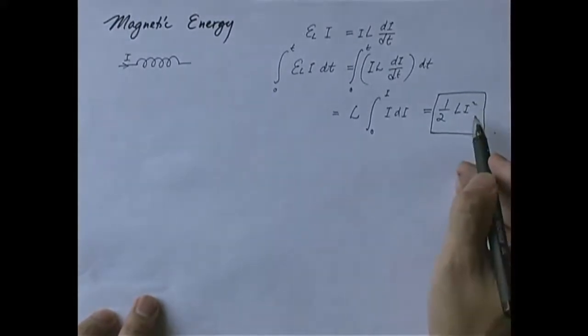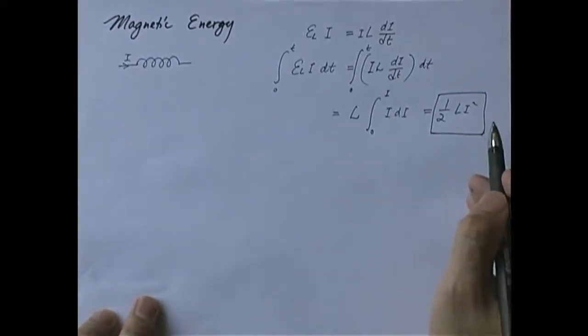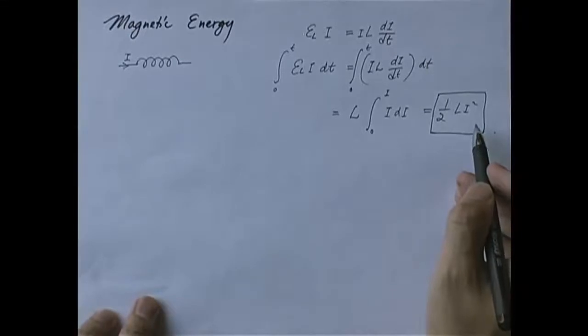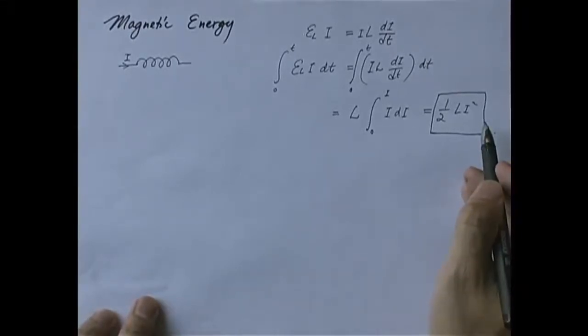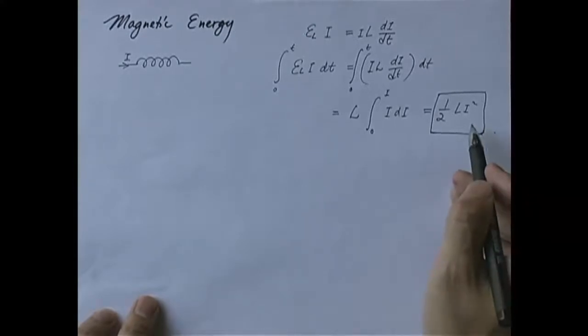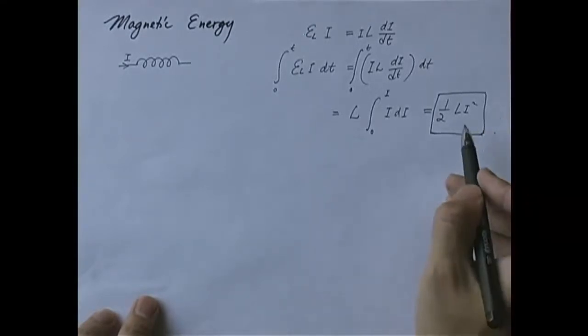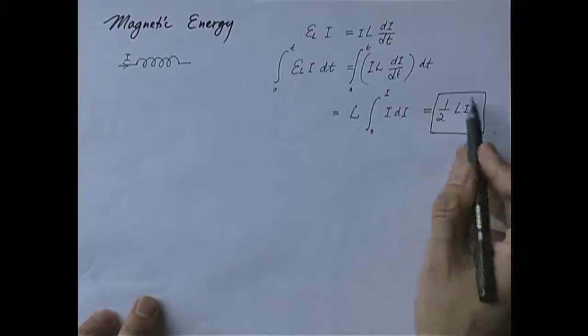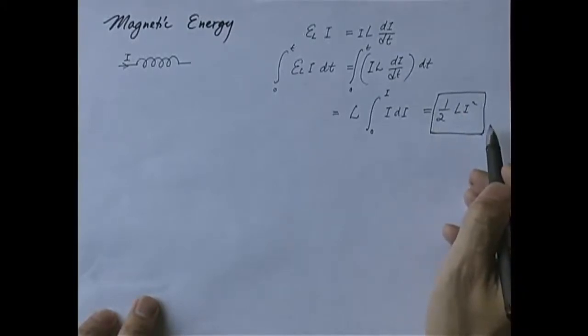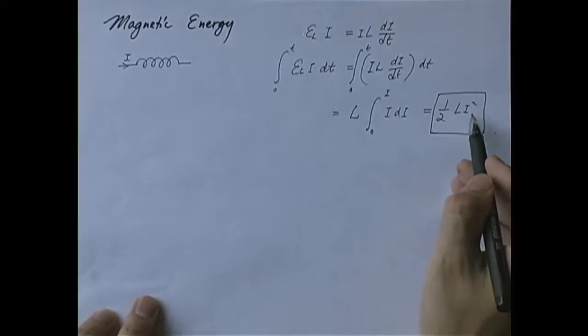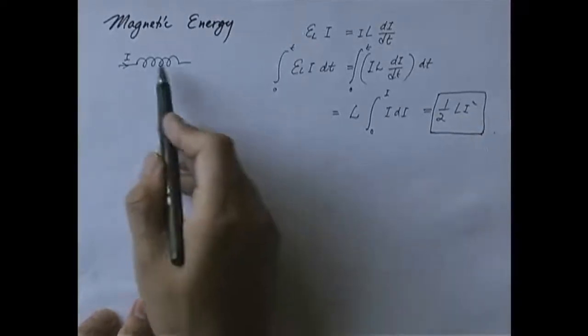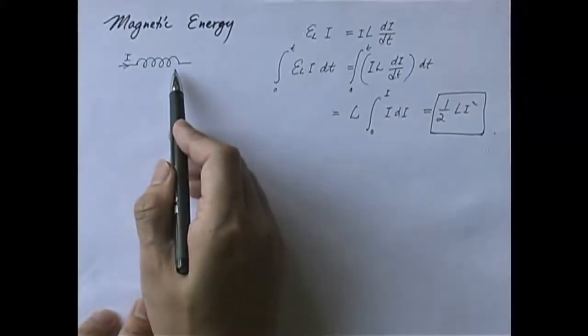So this expression has two important meanings. One is from an inductor's point of view. I know that once I establish a current through an inductor, this inductor has this much energy stored in it. And the other thing is, I can rewrite this I in terms of the magnetic field in the interior of the inductor.